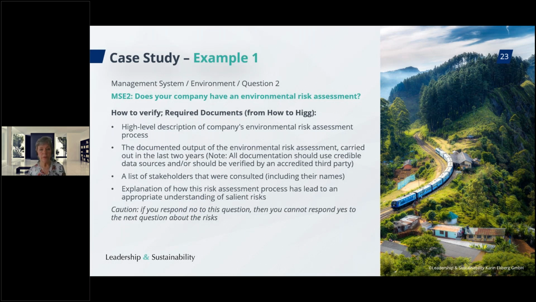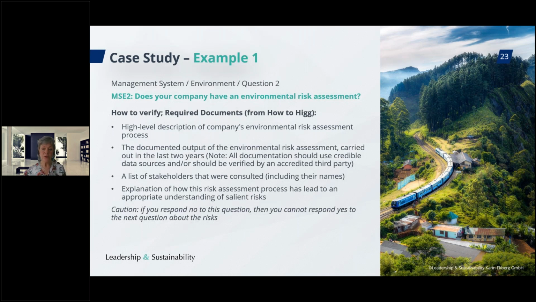And I also need to give a caution here. If you cannot respond with yes to this question, then you cannot respond yes to the next question about the risks, because for question number 3, you should indicate all risks you have identified. And we actually had this situation last year where SAC told us that question 3 needs to be a no if you haven't done the environmental risk assessment.